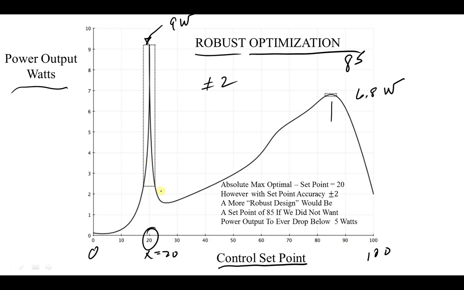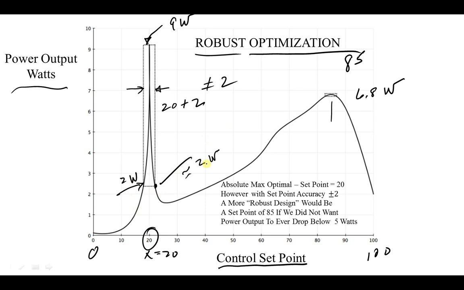Then notice if you had picked 20 and could only go 20 plus or minus 2, if you deviated 2 away from the optimal, you would get an output of just a little over 2 watts. If you deviated the other direction, you'd have just a little over 2 watts.